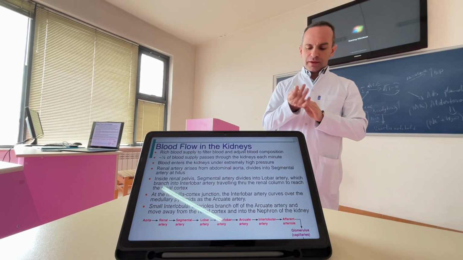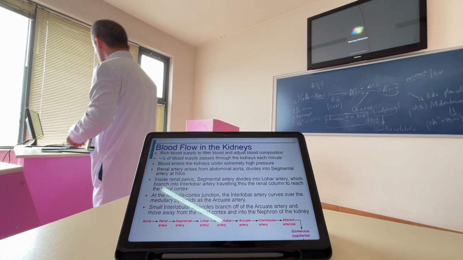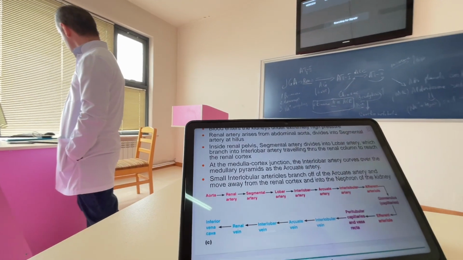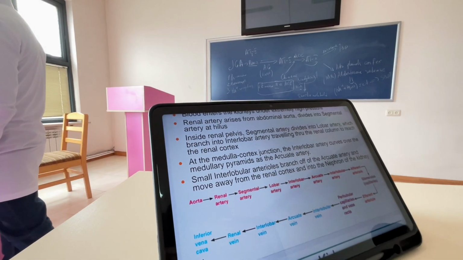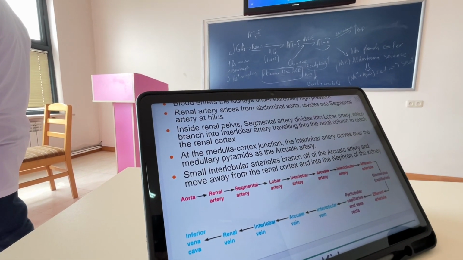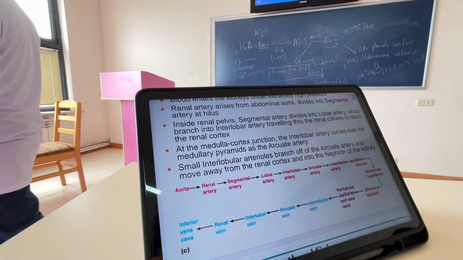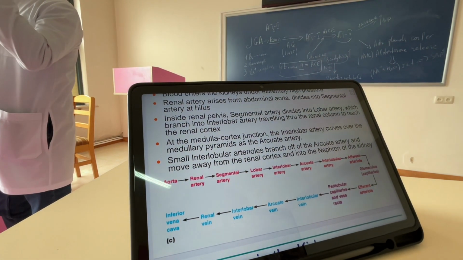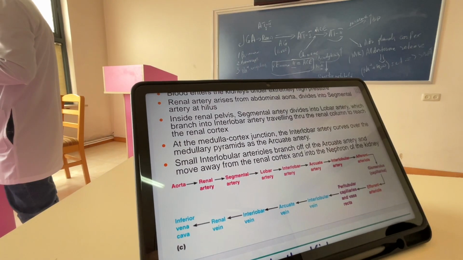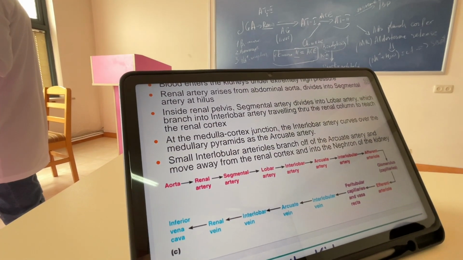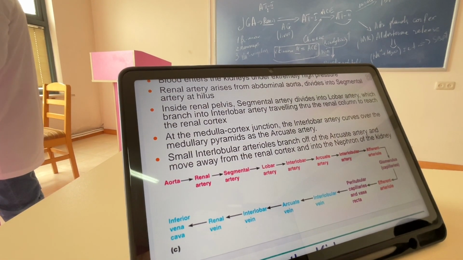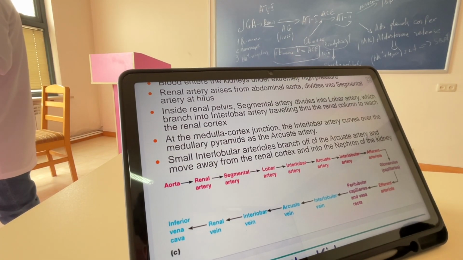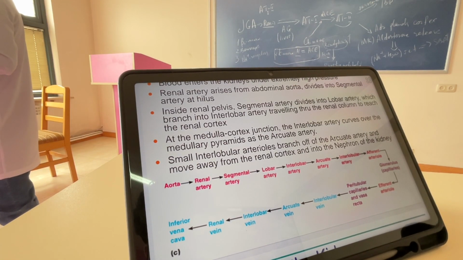Now, this is the structure. From the aorta, we have the renal artery. The renal artery becomes segmental artery, lobar, interlobar, interlobular artery, and the afferent arteriole arises from there. We have capillaries in the glomerulus, and from the glomerulus comes the efferent arteriole, peritubular capillaries and vasa recta, then veins: interlobular vein, arcuate vein, interlobar, renal, and inferior vena cava.